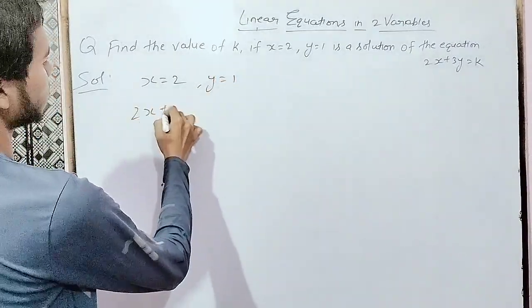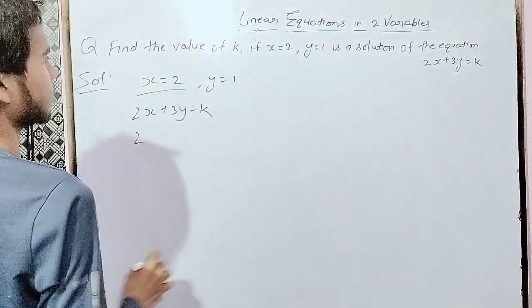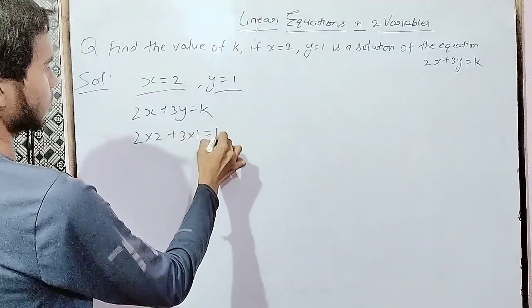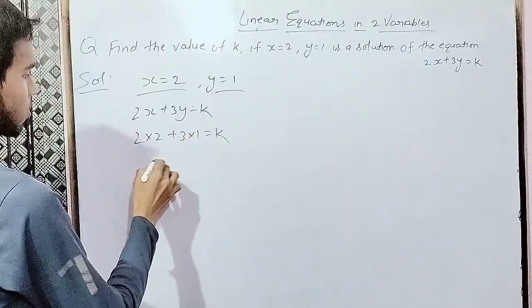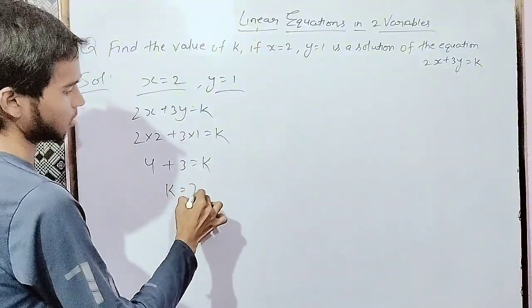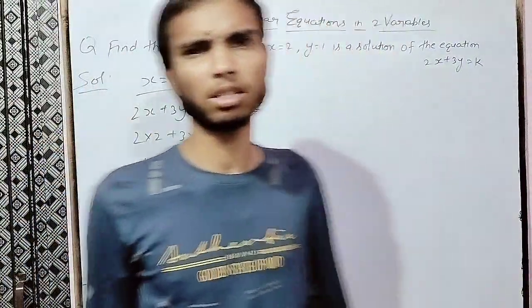The equation is 2x plus 3y is equal to k, and we have to put these numbers: x is 2, y is 1. Now we are simplifying it. So k is 7. This was very easy.